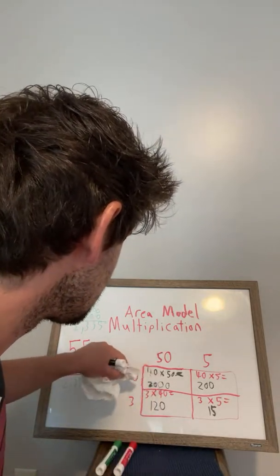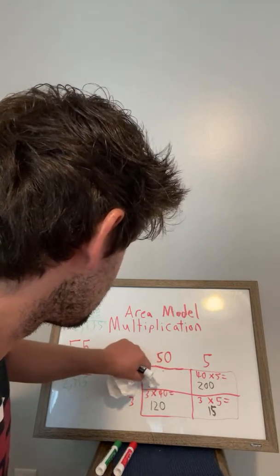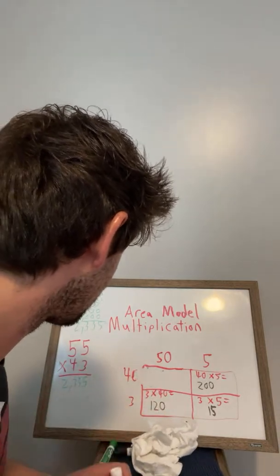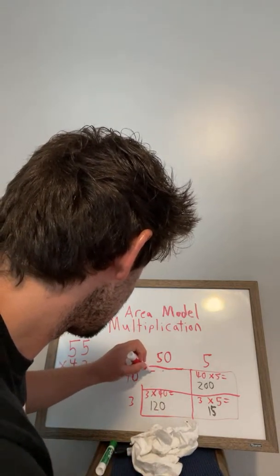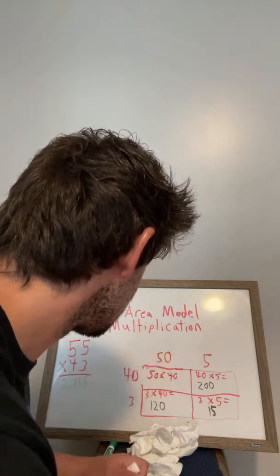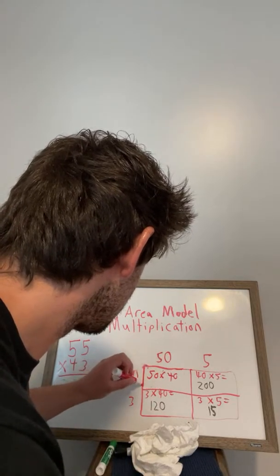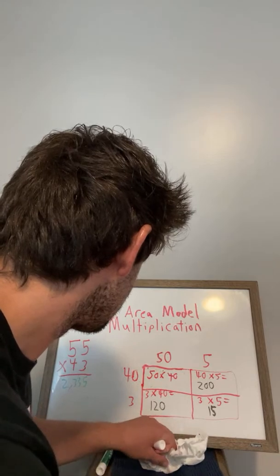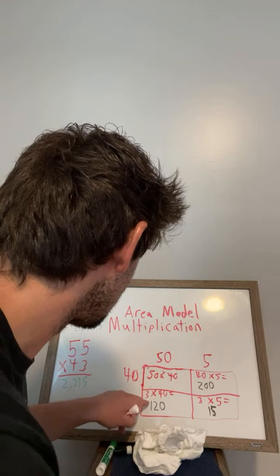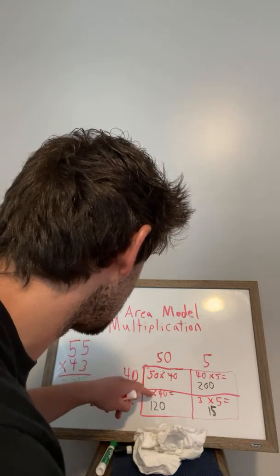So I'm going to erase. So 50 times 40, that's correct. But I wasn't supposed to multiply 3 times 40 here. I was supposed to multiply 50 times 3.